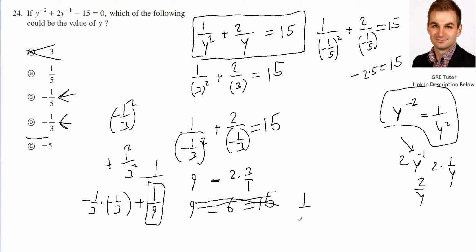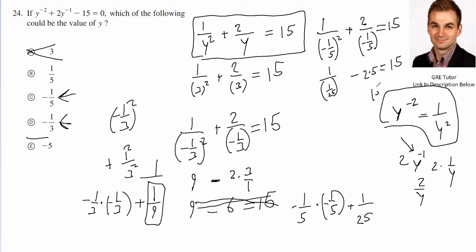So let's do that over here. Negative 1/5 times negative 1/5 is going to be equal to 5 times 5 is 25, negative and negative becomes positive, 1 and 1 becomes 1. So we get positive 1 over 25. So we get 1 over 25 minus 2 times 5 equals 15.